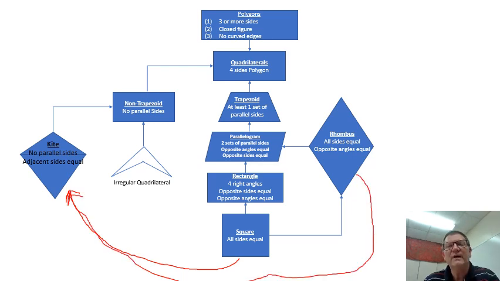Not all kites are squares and not all kites are rhombuses, but a rhombus could be classified as a kite, and a square could be classified as a kite. I'll show you why here.